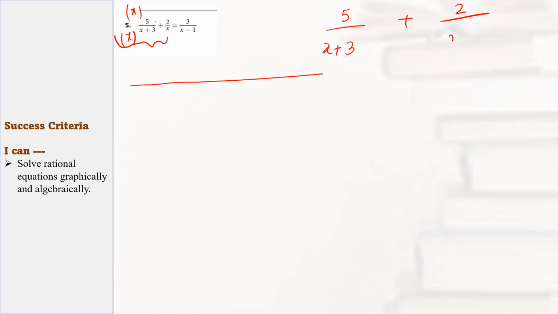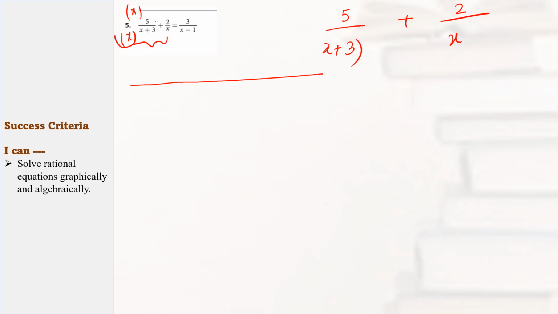Next question, same way again, but you have to make the denominators alike. So x plus 3 will be multiplied by x down and up also. And on this side, let me write it very clearly so that you can understand, plus 2 over x.